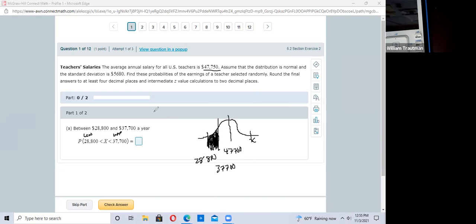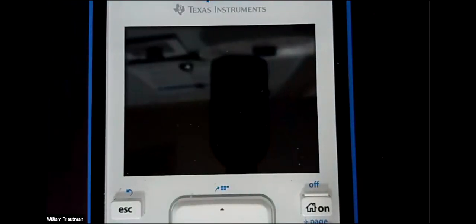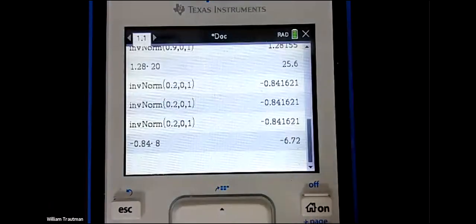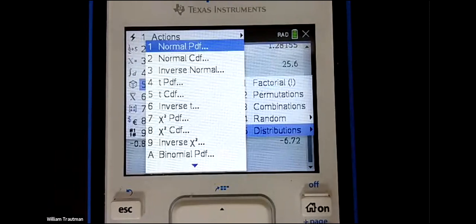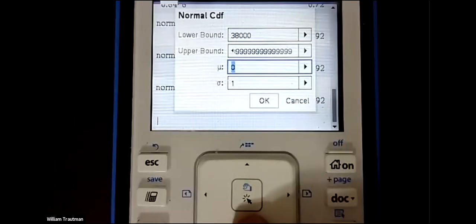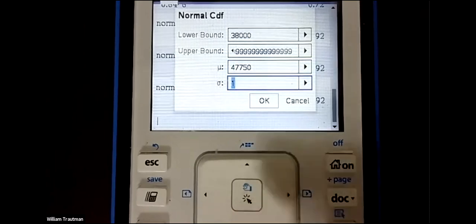Okay, so I'm going to put this into my calculator. Let's go to the calculator, and we're going to go to menu 552. The average for this problem was 47,750, and standard deviation was 5,680.